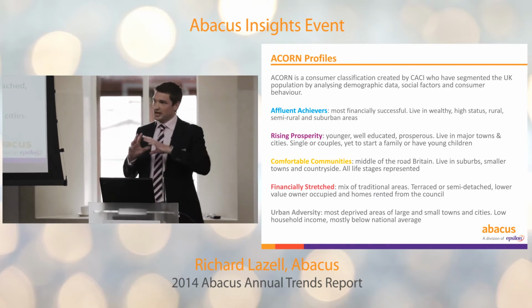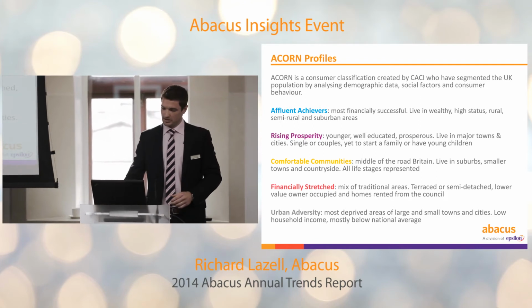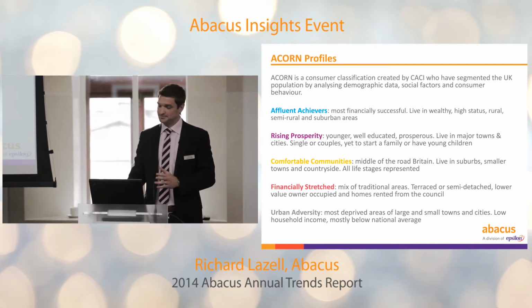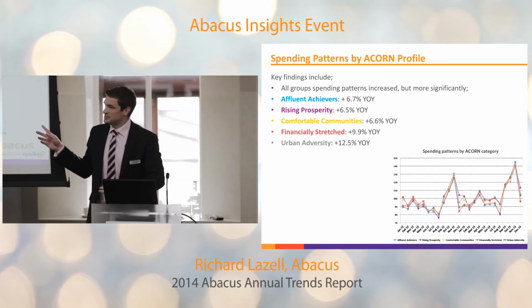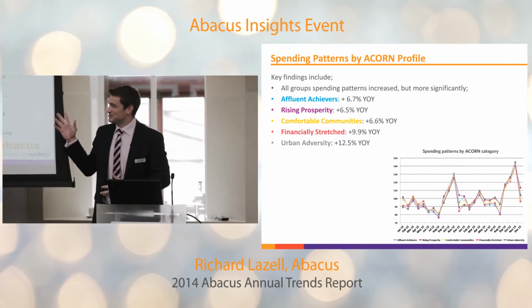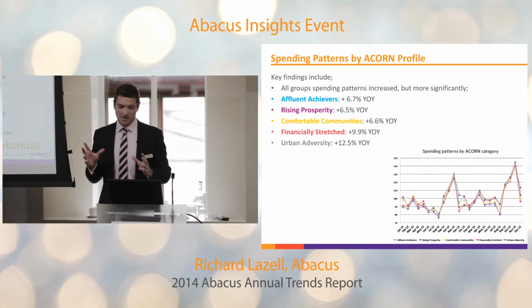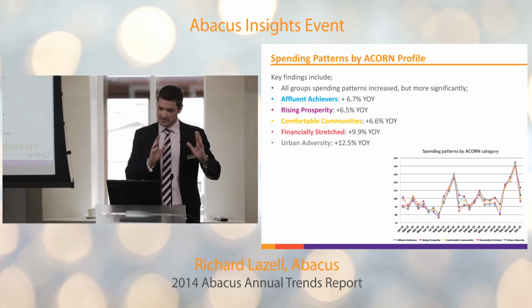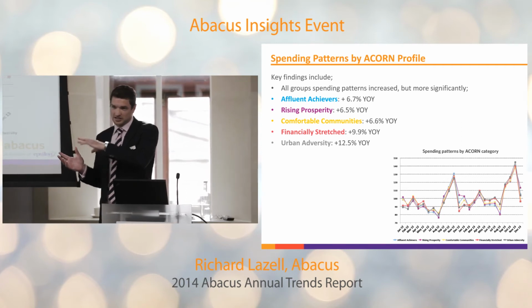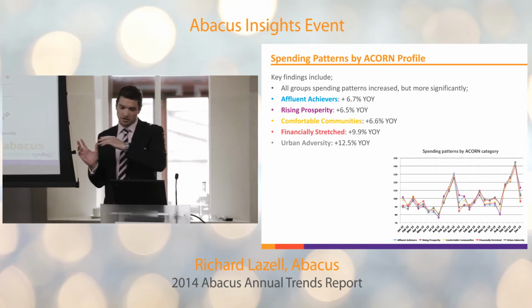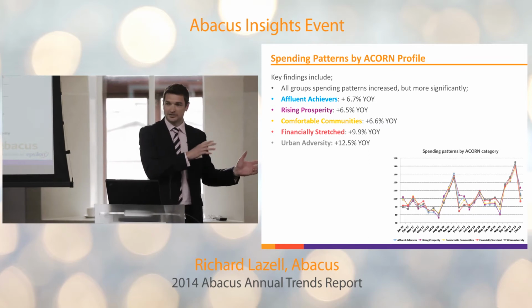So what we did is look at how they behaved throughout 2012 and 2013. It's a bit of a busy report, but I wanted to put it up here purely because the analyst, when he was interpreting this report, said the key thing to remember is that consumers in the urban adversity sector, so the lower end, change their spending habits more than those in the affluent achiever space.